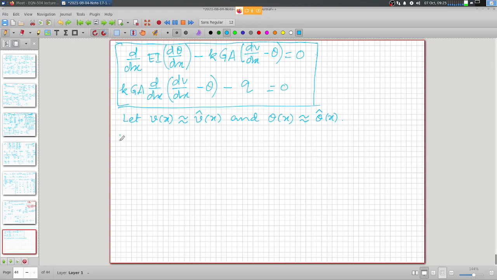So the domain residual is now a vector given by these two terms. So a two-dimensional vector.